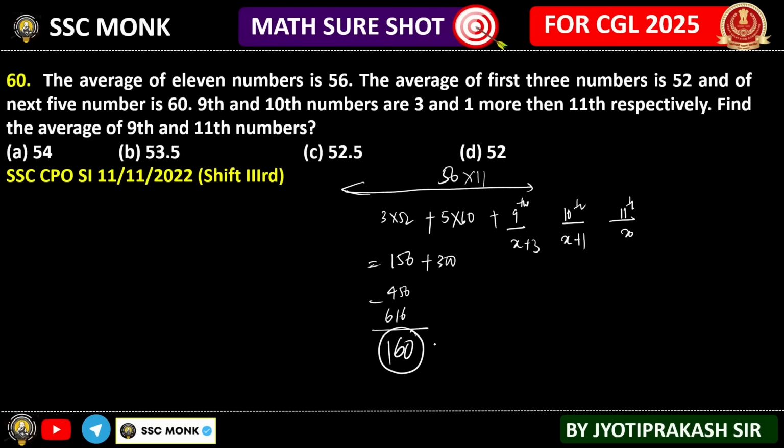So 160 is the total value of these 3, that is equal to 3x plus 4. So 3x is equal to 156, so x value is 52. Then x plus 3 is 55. So the average of both is 55 plus 52, that is 107 by 2, which is equal to 53.5.